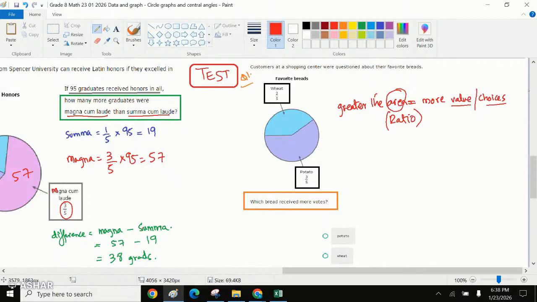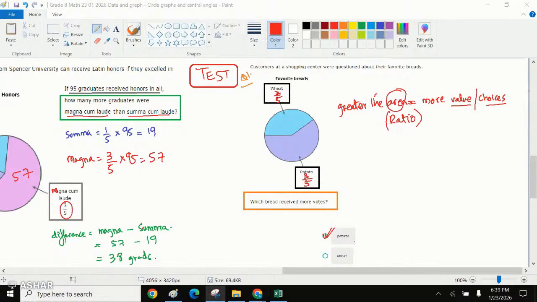So which one has more ratio? Wheat was just 2/5, whereas potato was 3/5. That's correct. Since potato had more, potato is the correct answer. Thank you. Okay, let's move ahead.